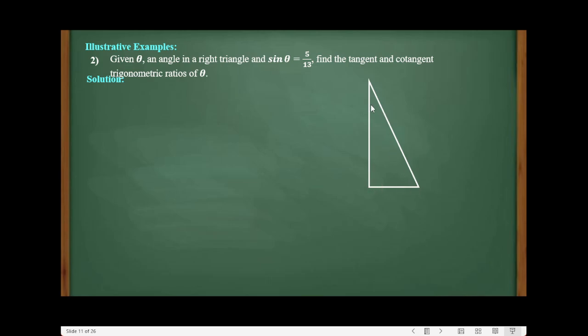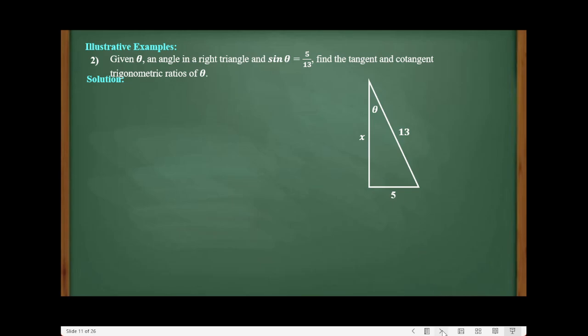So it means theta should be placed here. Okay? And with that, it is obvious that one side is missing, and that is the vertical leg, which is now denoted as x. Now, how do we compute for the length of the missing side denoted by x?